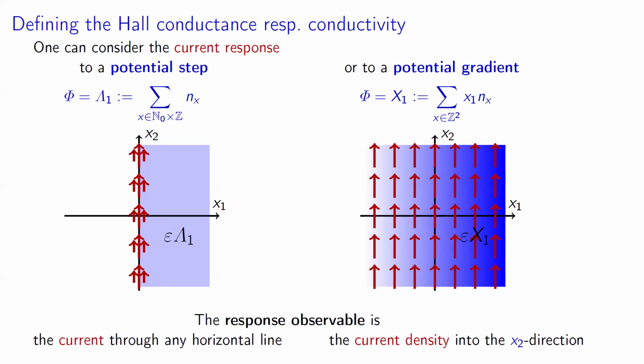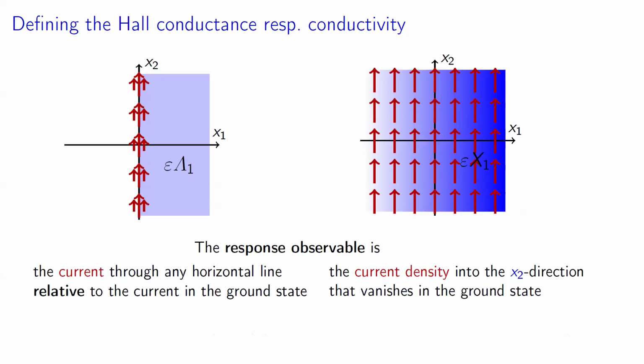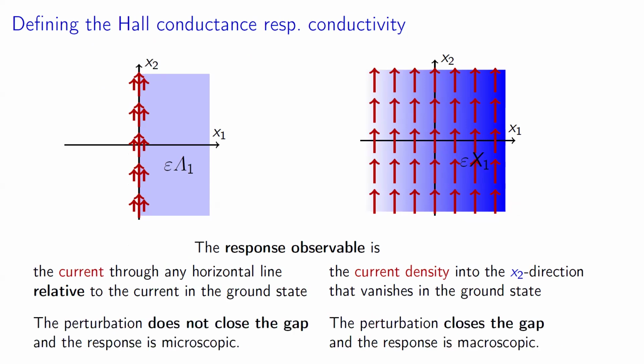And the response observable is either the currents along this line, where we observe the currents through a horizontal line, or we compute the current density everywhere. Okay, maybe this is not important here. What I wanted to emphasize is that these situations are physically quite different, because applying such a perturbation does not close the spectral gap, or at least we don't expect it to close the spectral gap. For general interacting systems, it's very hard to show, as I explained last time, but we expect that such a perturbation will not close the gap.